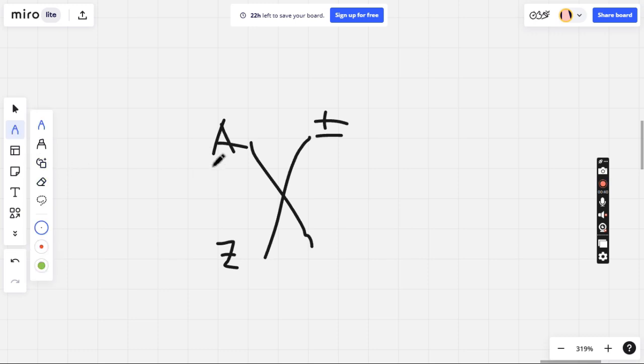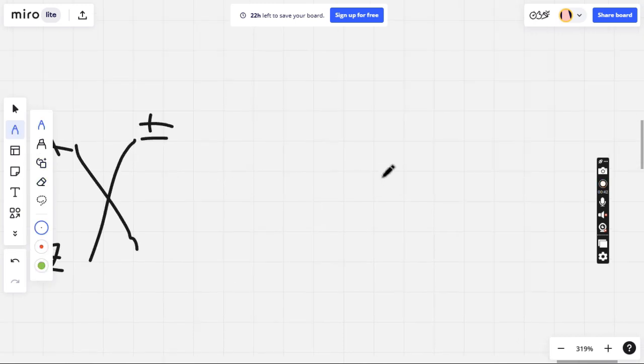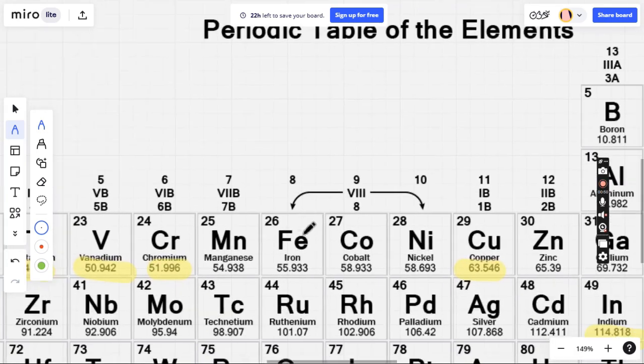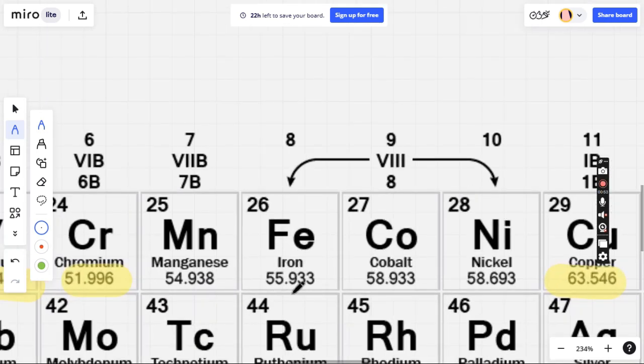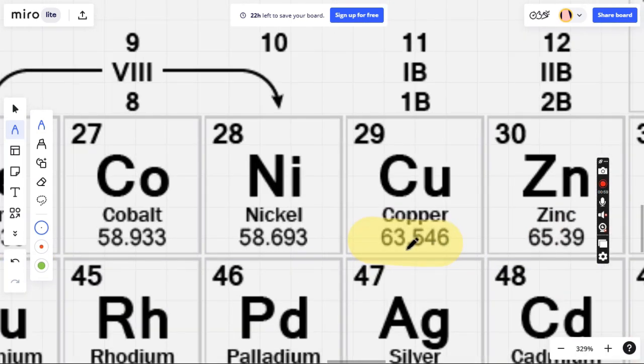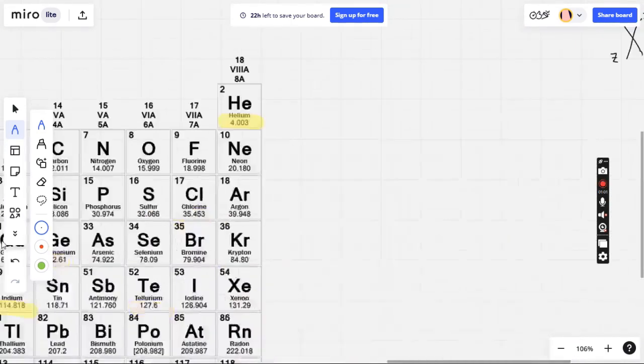A is the mass number. Let's say that we have copper. Copper's mass number is 58.933. No, that's cobalt. Whoops. 63.546.